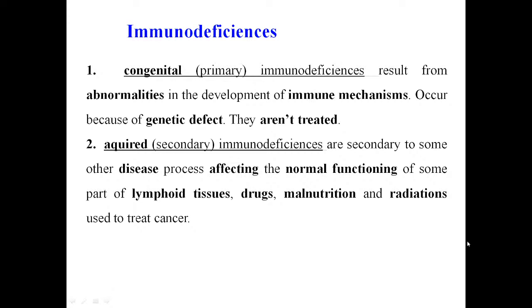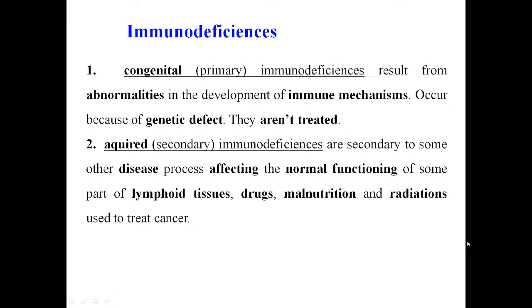And that's why these congenital immunodeficiencies are not treated. It is impossible to treat them because they are caused by genetic mutations. Congenital immunodeficiency mostly occur in children. We will talk about them.